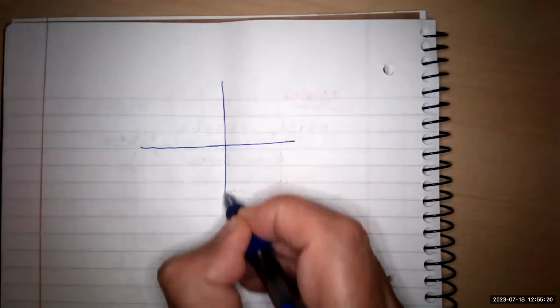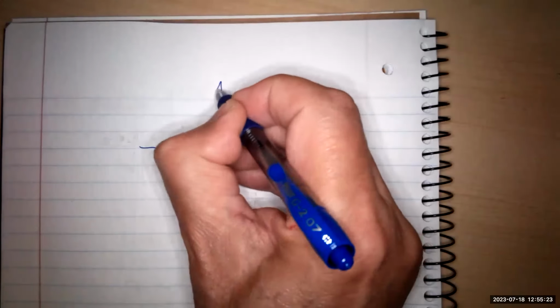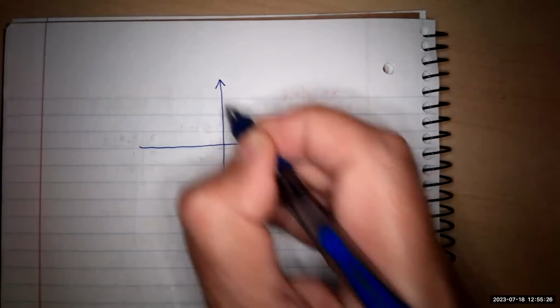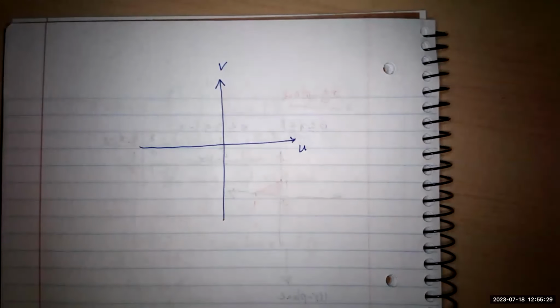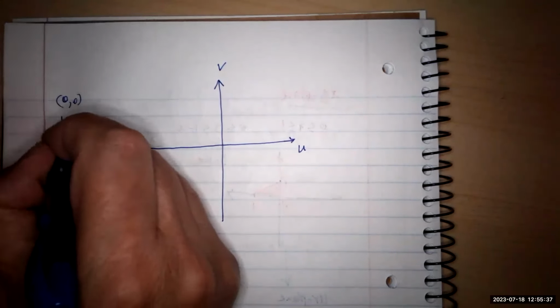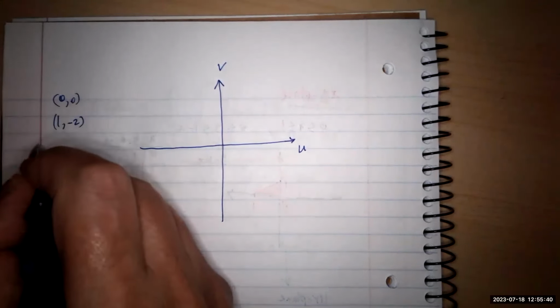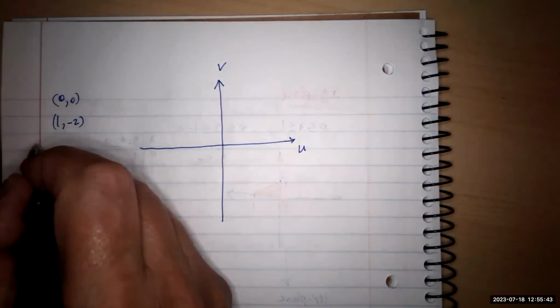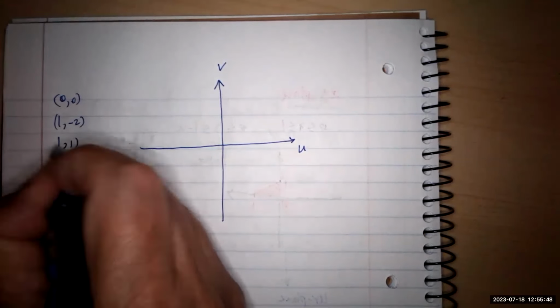Now this is the UV plane. The points that we got, I write them down here: (0, 0), (1, -2), and (1, 1).